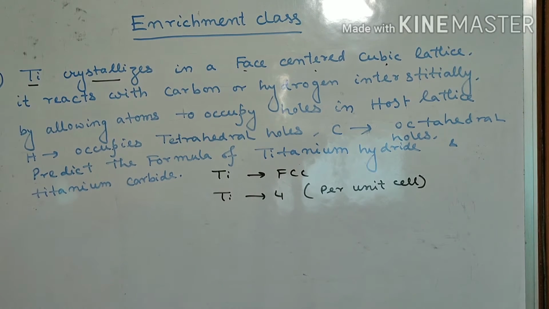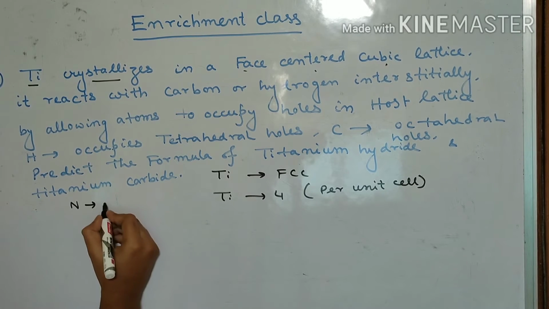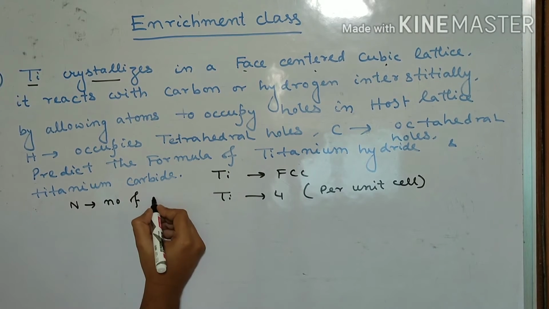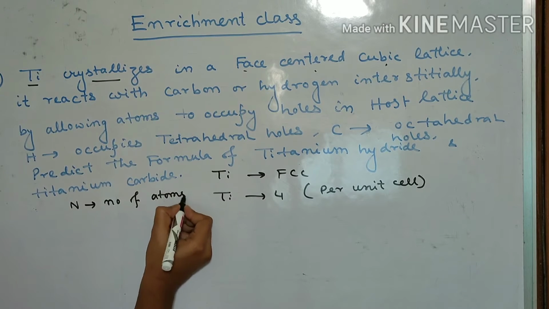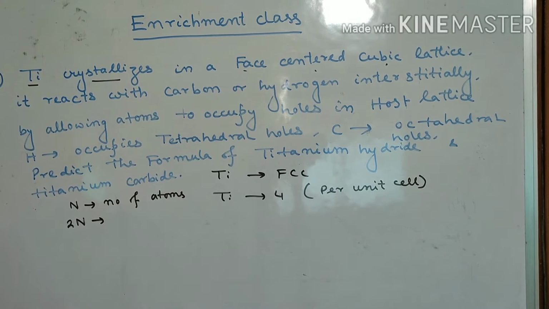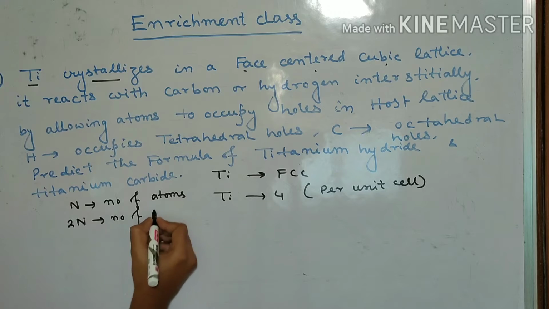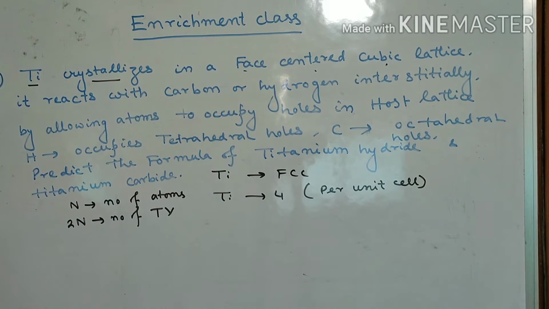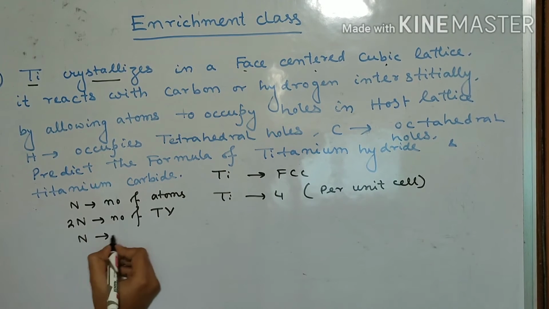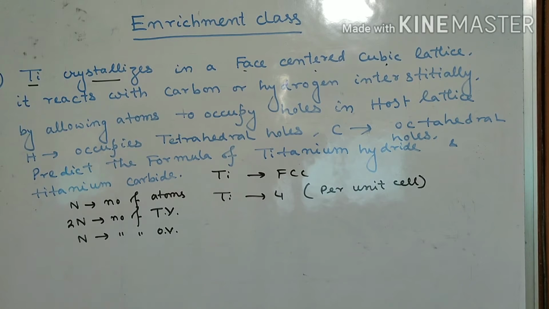Now we know that if n is the number of atoms, then 2n should be the number of tetrahedral voids, and n should be the number of octahedral voids. Based on that only we can solve it.